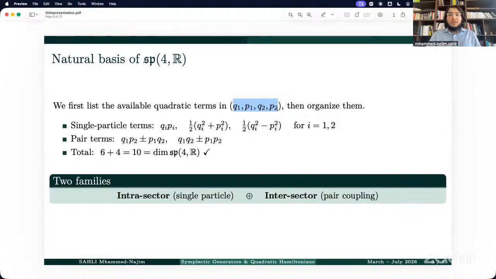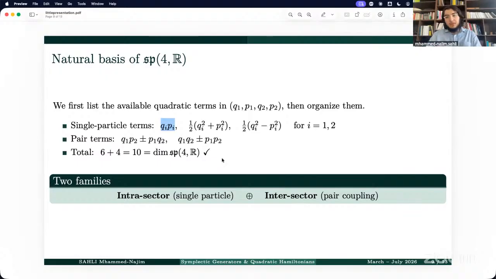And the quadratic terms are then those given by the same degrees of freedom, so qi, pi, and then the qi squared and pi squared, and then the cross terms, when we mix variables of 1 degree of freedom with variables of the other one. When we count the number of transformations, we get 10 elements, which checks the formula for the dimension of the associated Lie algebra.